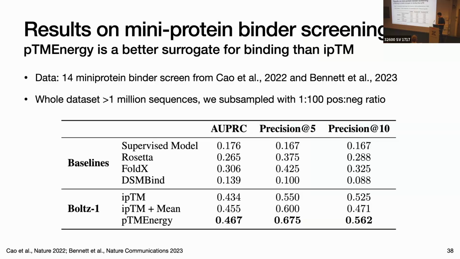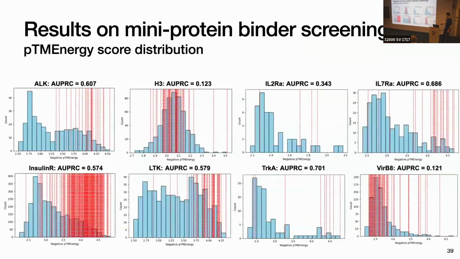This is the score distribution of the pTMEnergy across 8 different targets, and the red line indicates the actual true binders. Of course, it doesn't work for 1 or 2 of the targets, but for most of them you can see the binders enriched at the top.